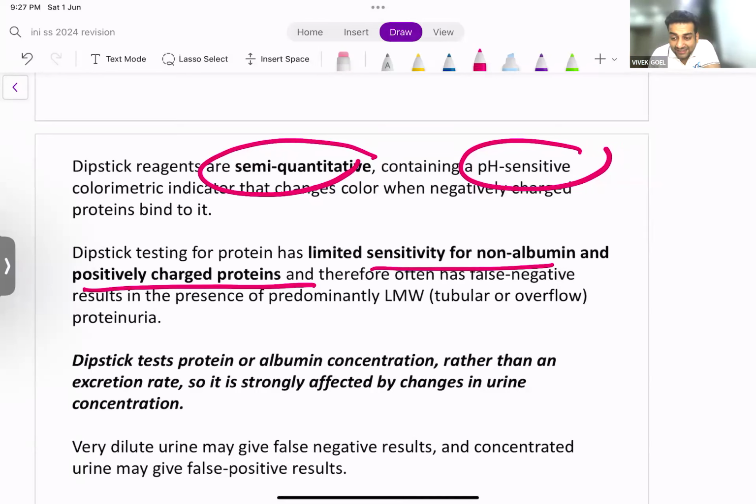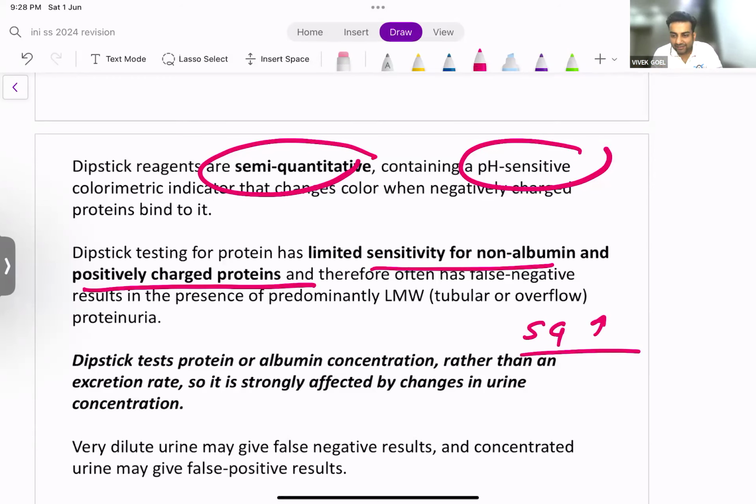Now, please understand a fallacy about the dipstick test, that a false positive albuminuria can be shown if the urine is very concentrated. So whenever the specific gravity is high, you can get a false positive urinary albumin plus. So please, students, make it a habit: whenever you see urinary albumin plus or plus plus plus, always see the specific gravity.